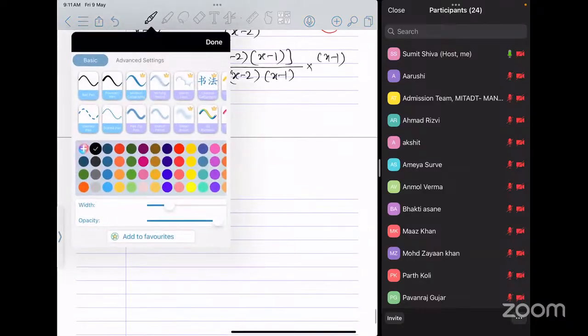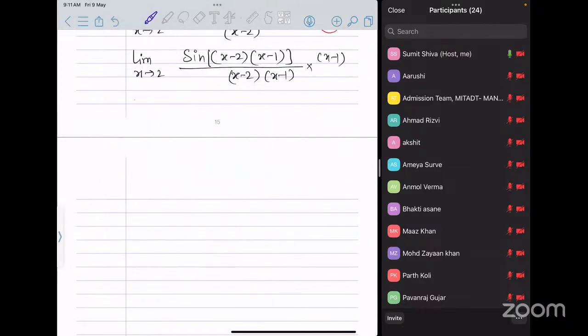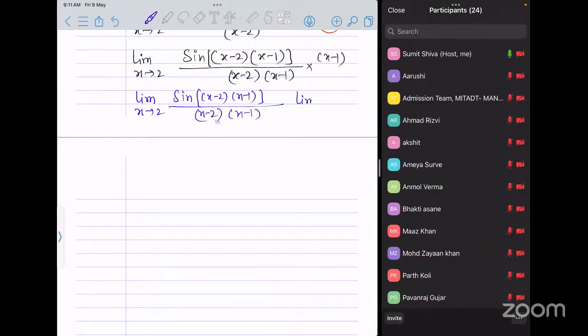Now, if you look at the concept, it will be limit x tending to 2 of sine of (x minus 1) divided by (x minus 1), multiplied by limit x tending to 2 of (x minus 1), by the fundamental property of limit, or algebra of limit, in which I have already told you that limit can be distributed.